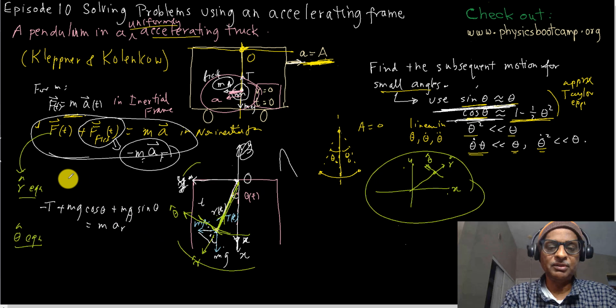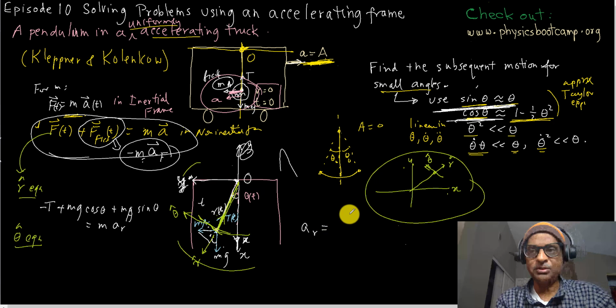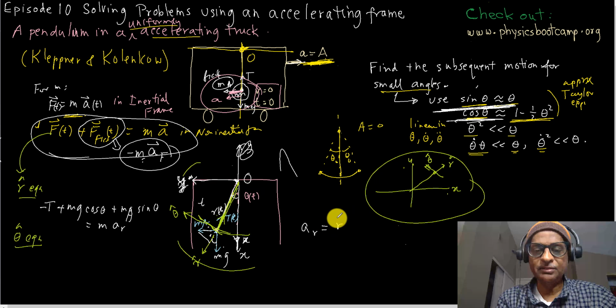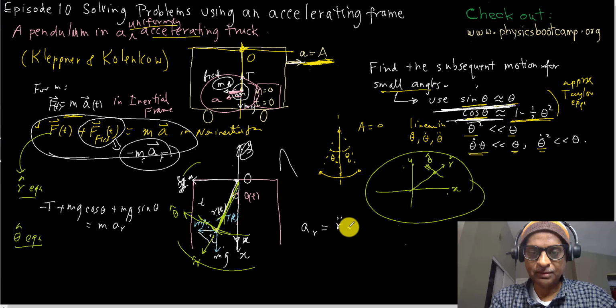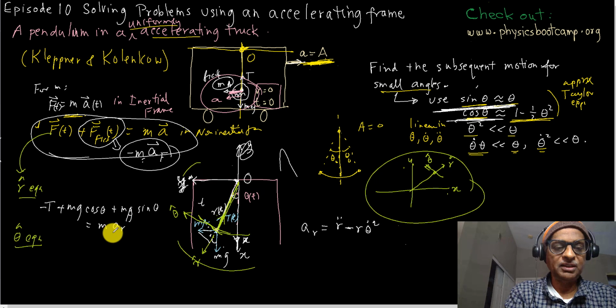Now you might remember that a sub r equals r double dot minus r theta dot squared. So this will be m times r double dot minus r theta dot squared.